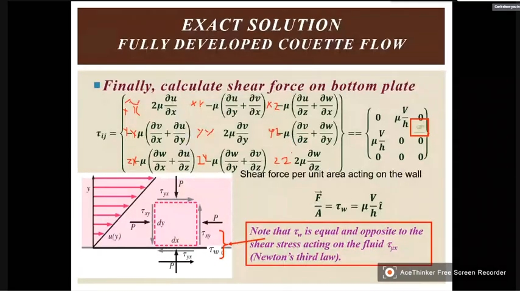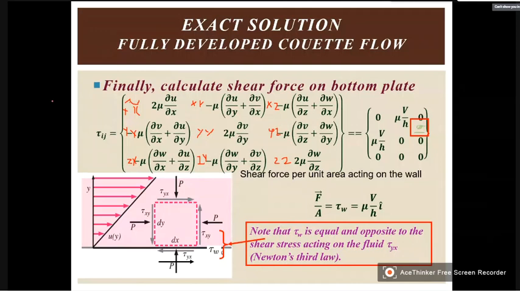So finally, you can see this term you have and this term you have. So this is 0.